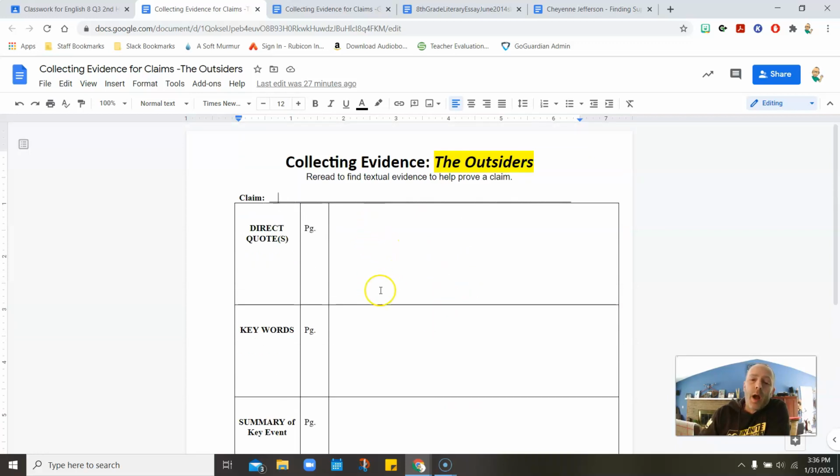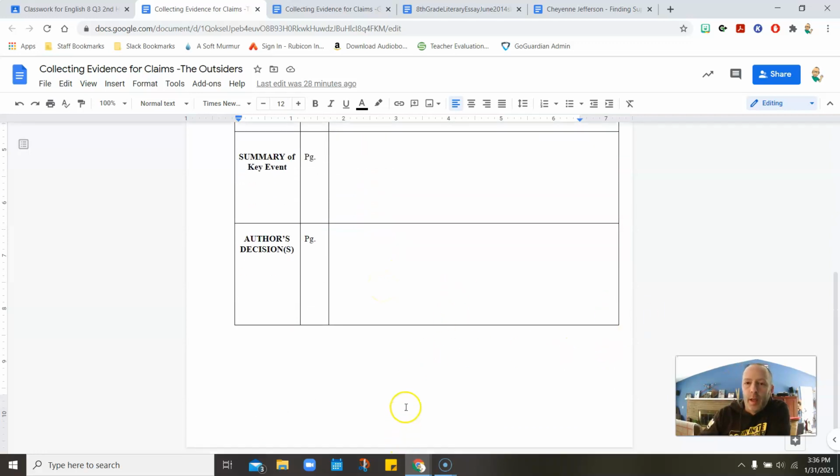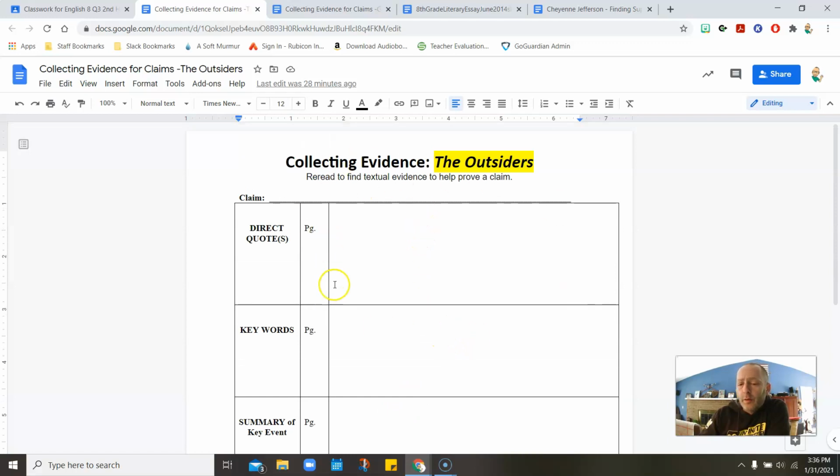And remember, these boxes can expand. So, I mean, if this goes on to another page or two other pages or five other pages, I don't care. But you're going to keep coming back to this page to find your evidence, so that you can put your claim and your evidence together in your essay. Okay? So this is what you need to spend some time thinking about and doing.